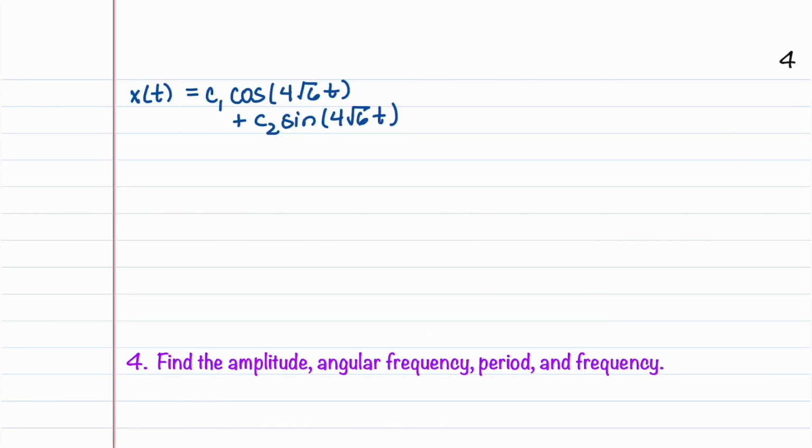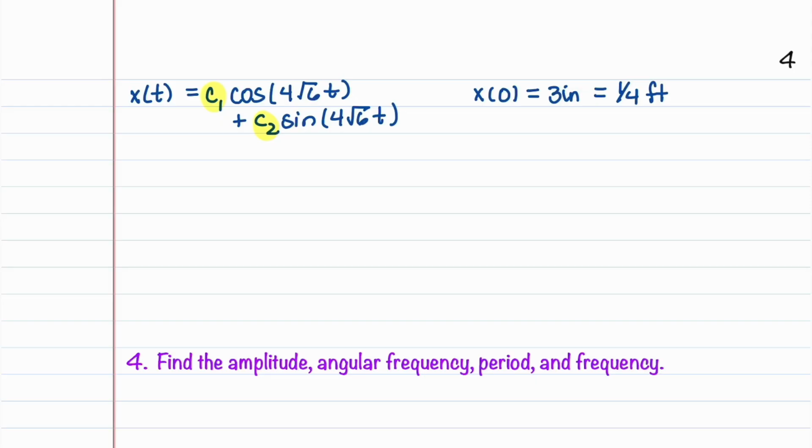What we need to do now is find c1 and c2, and we're going to use our initial conditions to do that. We were told that x at 0 is equal to 3 inches. I am going to change this to 1/4 of a foot, so our units match up.